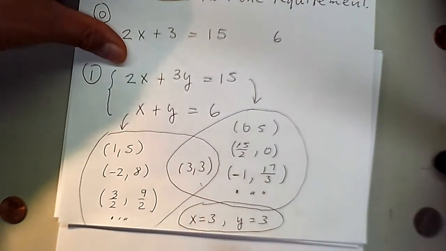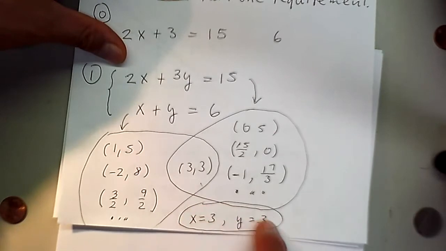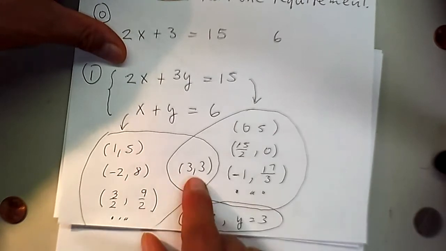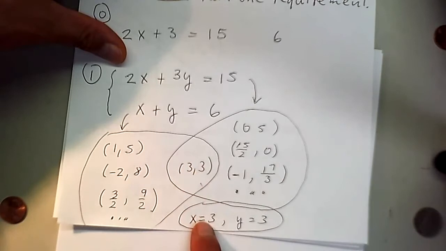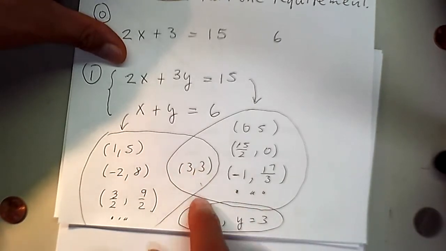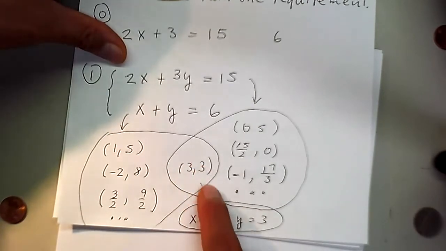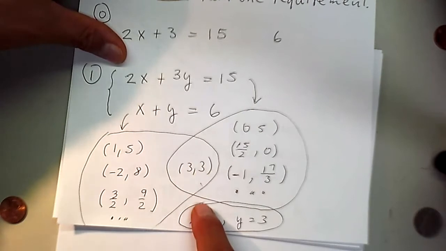Keep in mind, though, that some teachers are very strict. Some teachers don't use this as the answer. They have to be a point. Some teachers say this is the way you have to write the answer, not this one. And then some teachers are more liberal. When I say liberal, I don't mean politically liberal.